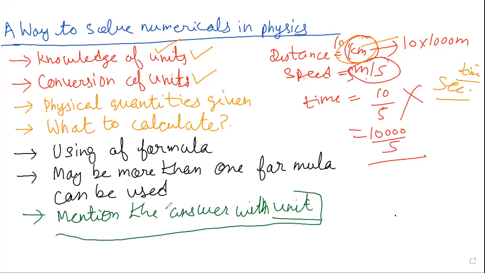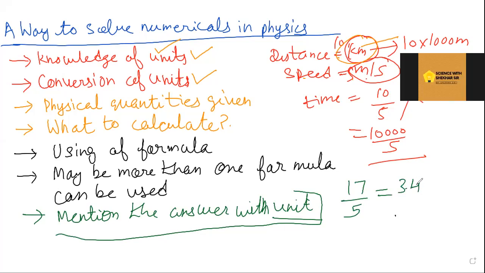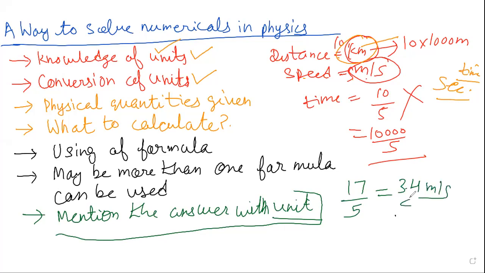And try to write the answer in the simplest form. Like if the answer is coming 17 by 15, don't leave it like this. Try to calculate 3.4, with whatever the unit, meter per second or whatever. Don't write the number in fraction form. Try to solve it.